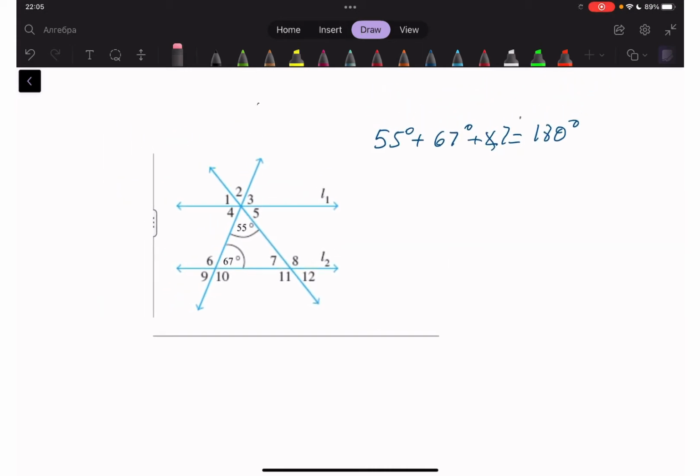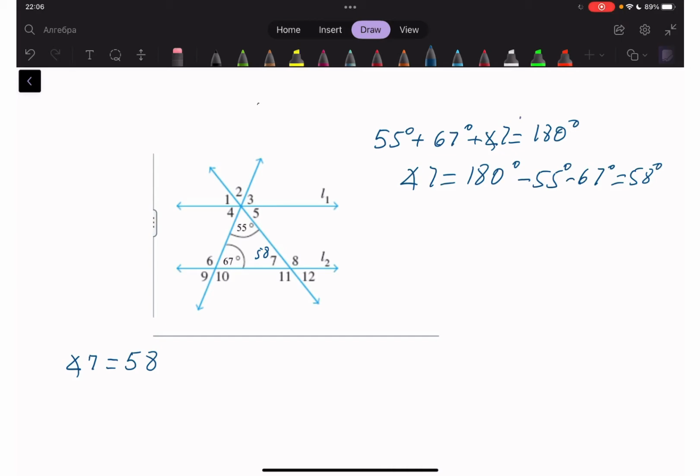So from here, angle 7 is equal to 180 minus 55 and minus 67. Let me do it on the calculator so as not to waste time. 180 minus 55 minus 67 is equal to 58 degrees. Okay, writing here, angle 7 is equal to 58.